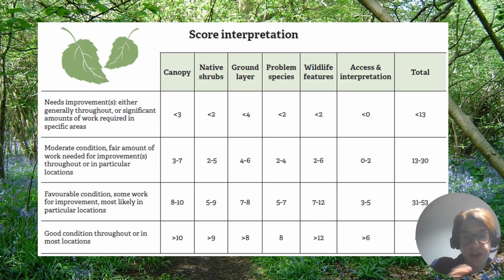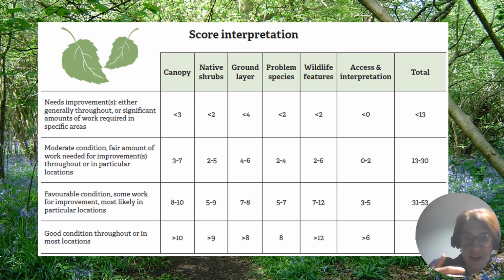Then once you have your scores for each category, and even the total one if you want, you can use this table as a way of knowing where you are. So if you get minus 13 as a total score, for instance, that means the woodland needs serious improvement. Between 13 and 30, it needs improvement, but not as much as before.